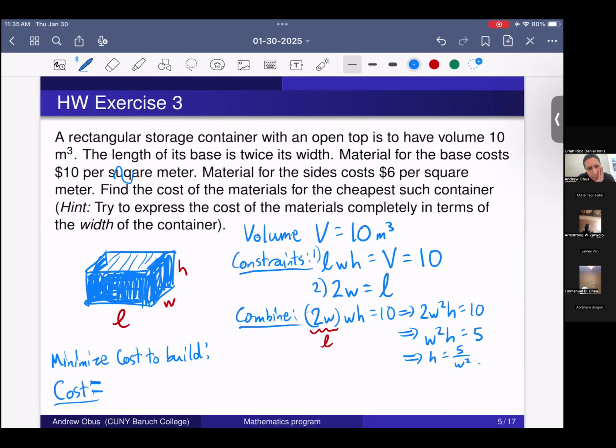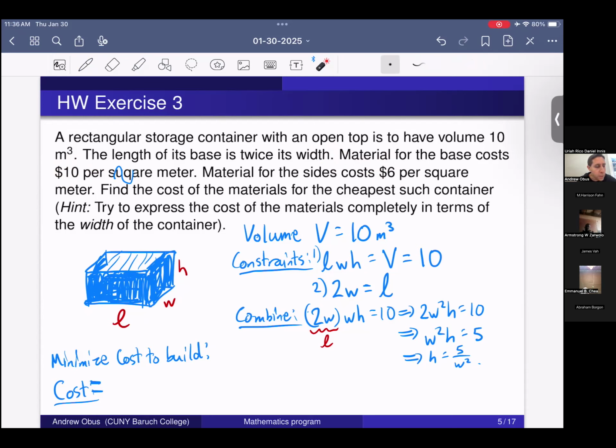I'm sorry, I'm getting confused. The cost should be calculated in terms of the information given in the problem. It's $10 per square meter for the base and $6 per square meter for the sides, right? So it should be something involving 10 and 6 and the surface area of this box. So it shouldn't really involve volume at all.